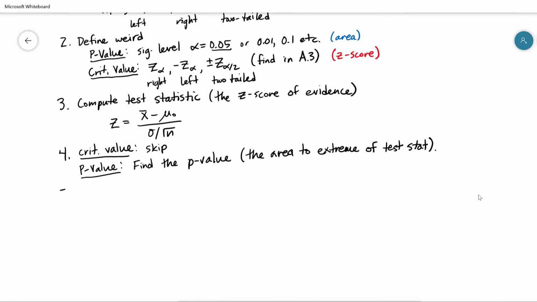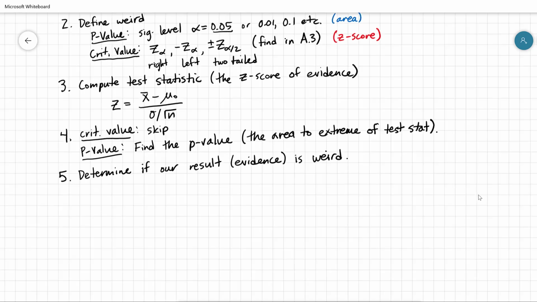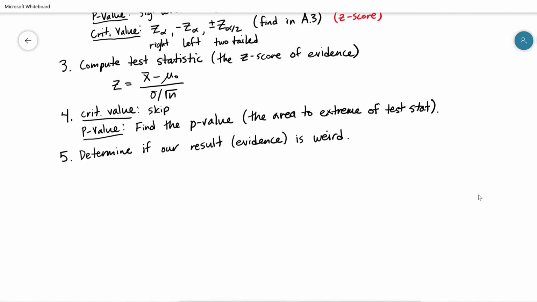And so step 5 is where we actually do our comparisons. So determine if our result is weird. And by our result, I mean the evidence is weird. How do we do this? Again, if we're doing the critical value method, I need to compare those two z-scores that we found.